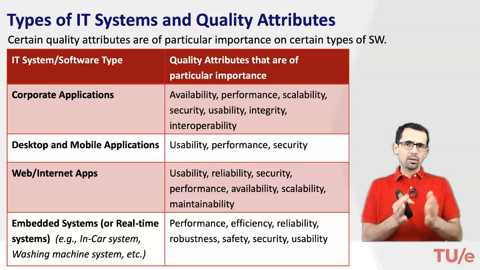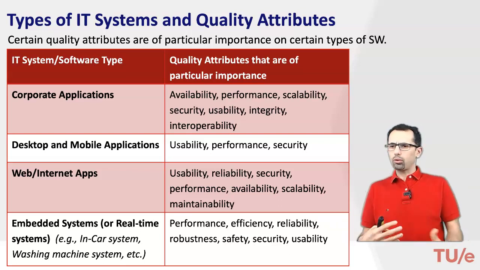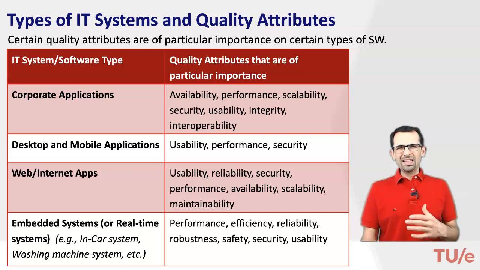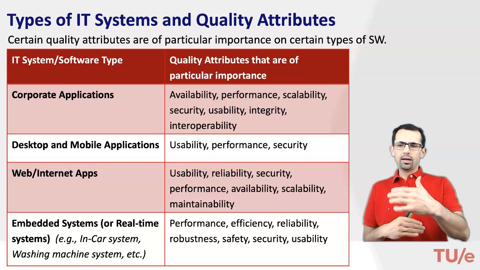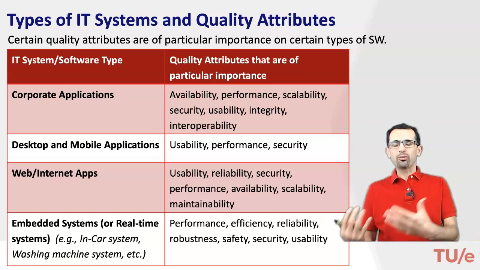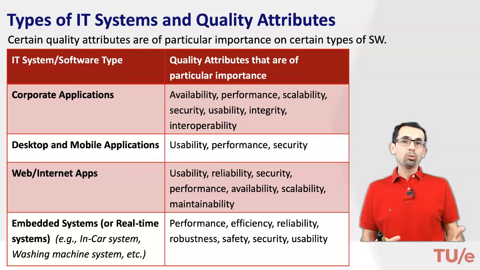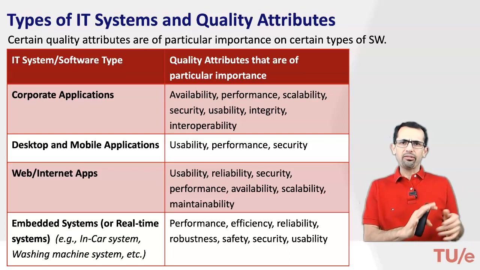Embedded systems, sometimes also called real-time systems, like a car system or washing machine system, are, as you can imagine, a little bit different from other types of applications, such as corporate or mobile applications. In this case, performance becomes very important. Efficiency becomes very, very important. Usability, yes, definitely.